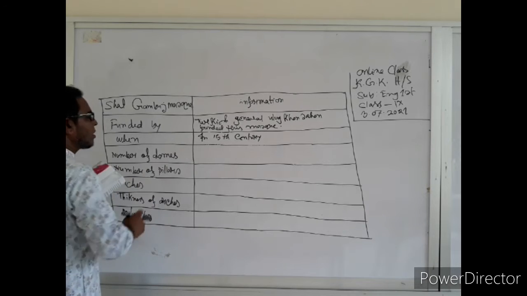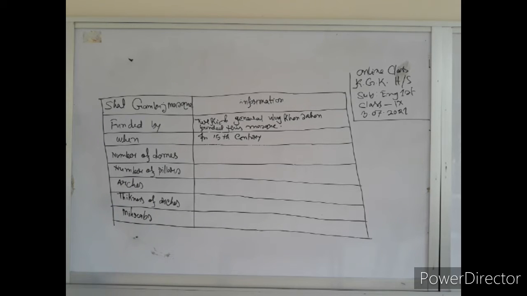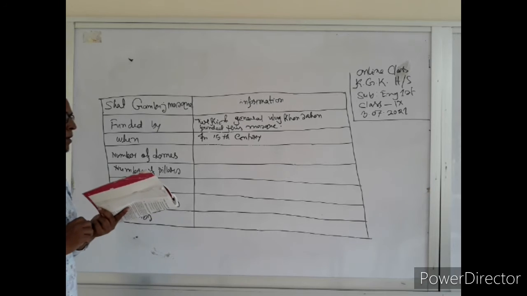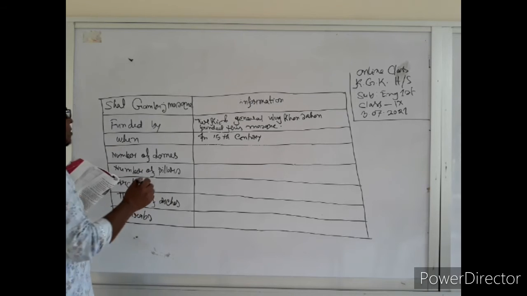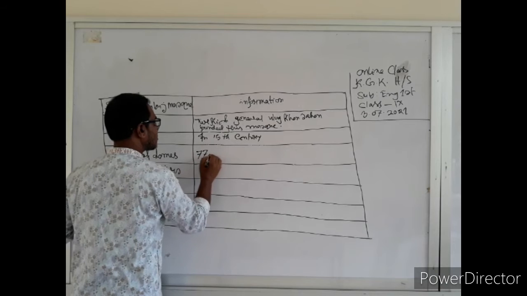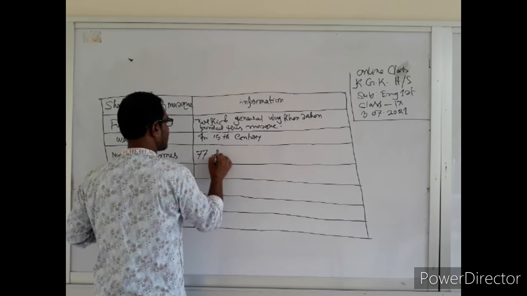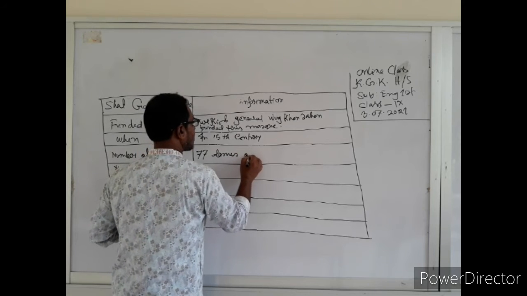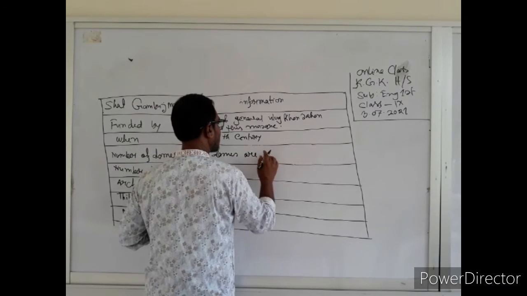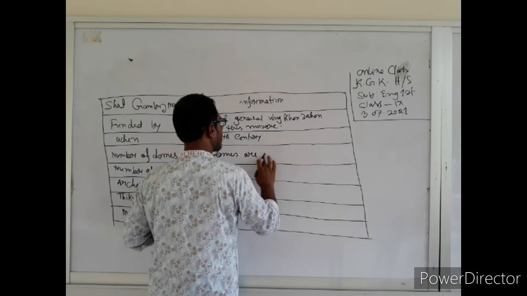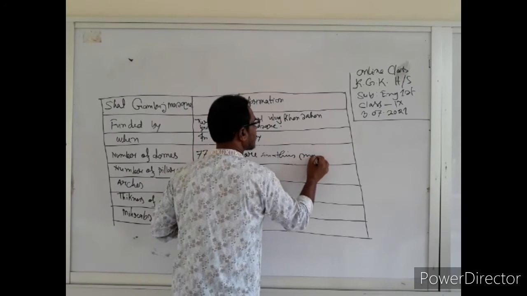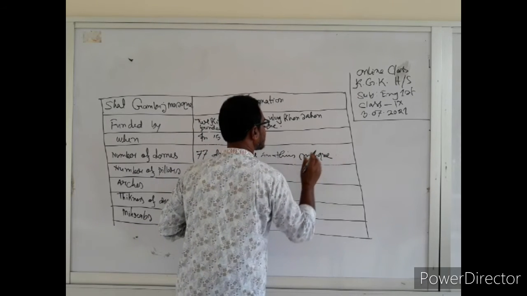Next, number of the domes. Here, from the text, we know that there are 77 domes in this mosque.